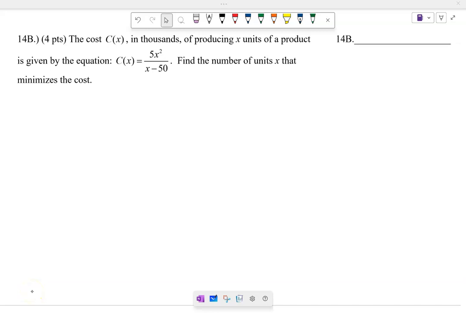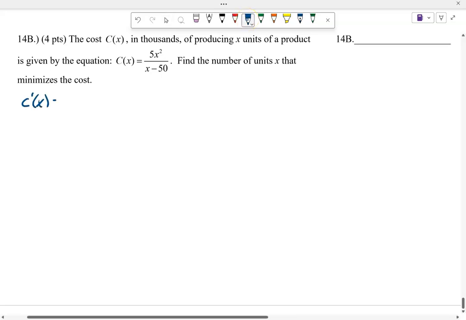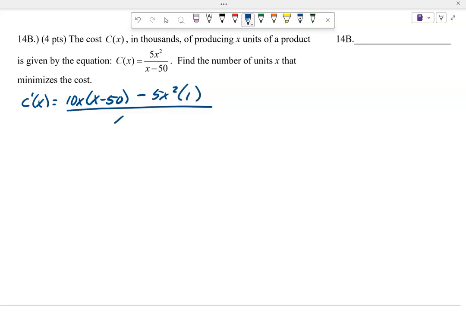14 is a question here on minimizing, maximum or minimum. So we're going to run that first derivative test. So let's take this derivative. Got to use the quotient rule: derivative of the top times the bottom minus the top times derivative of the bottom, all over bottom squared.